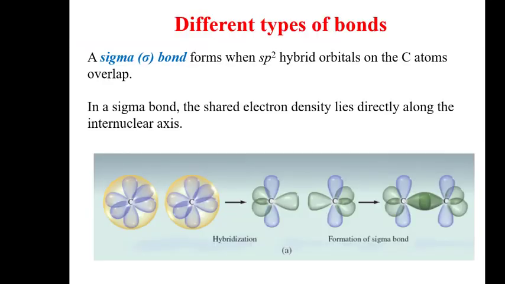Now, the last thing we're going to talk about is the type of bonds. We talked about the fact that you can have overlaps of orbitals that are along the internuclear axis. These are called sigma bonds. So these are your single bonds. You can also have overlaps of orbitals that are perpendicular to each other.